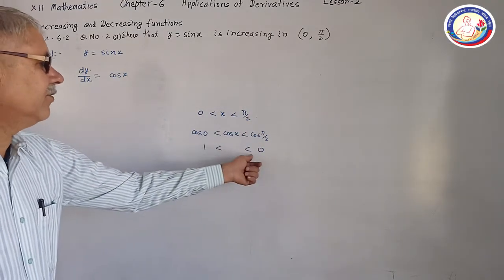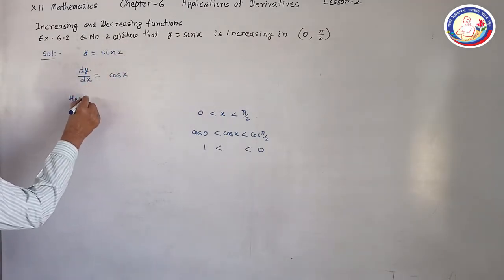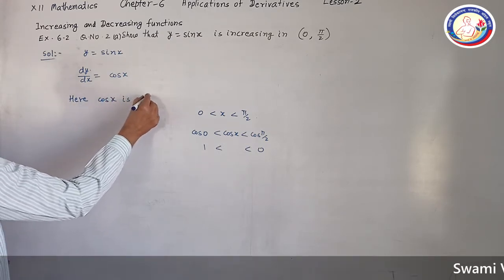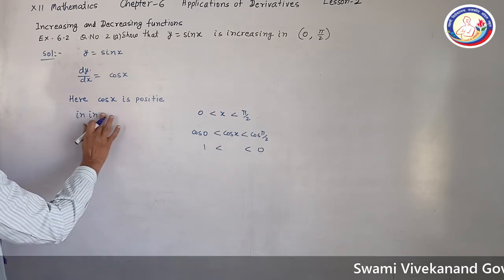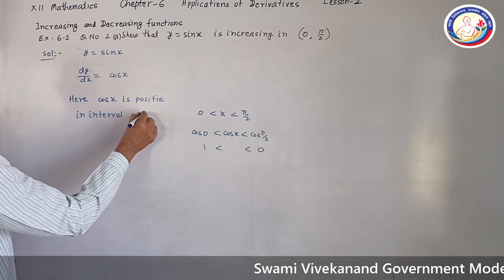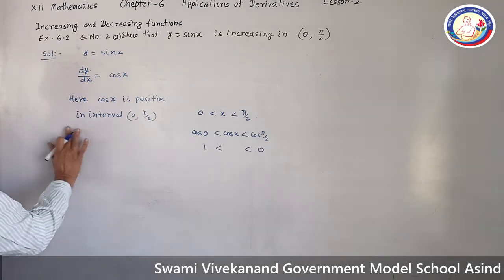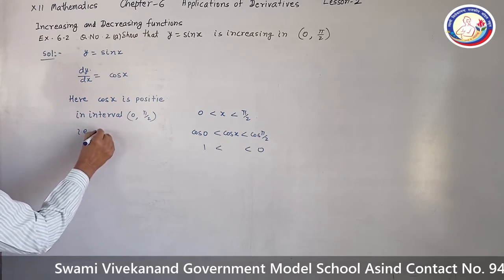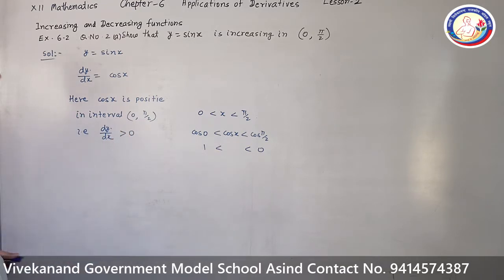So the value is always positive. This cos x is greater than 0 in this interval.